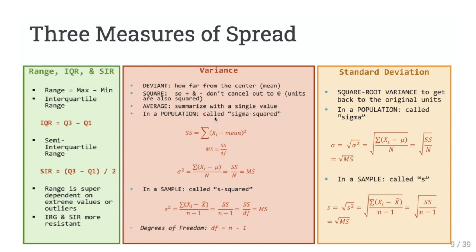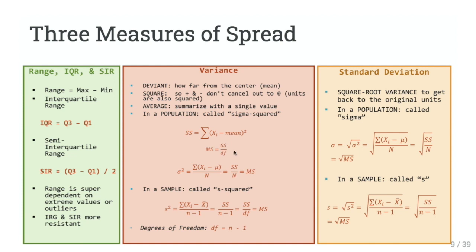So what we end up having is what's called the sum of squares. Sum of squares is literally just the sum of the squared deviations from the mean. So you're taking your value minus the mean, squaring it, then you add the next value minus the mean squared, plus the next value. And that gives you your sum of squares.